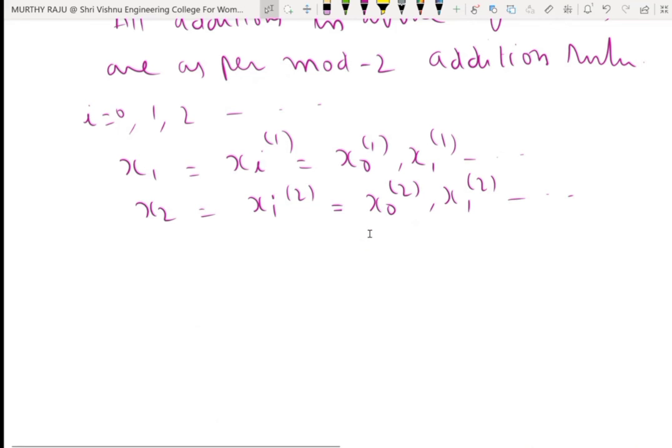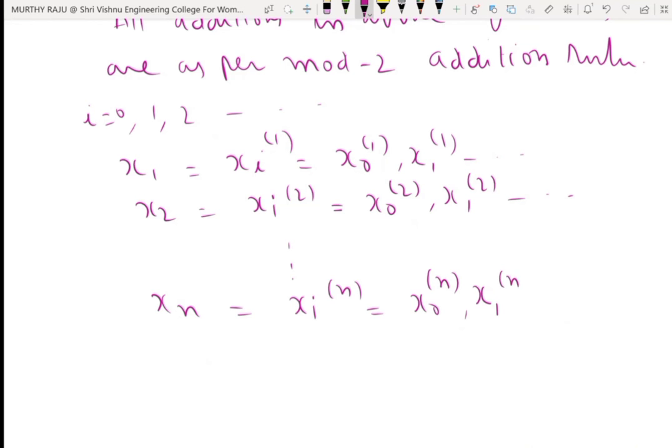Finally, the output of the convolutional encoder, xn is equal to xi of n: x0 of n, x1 of n.